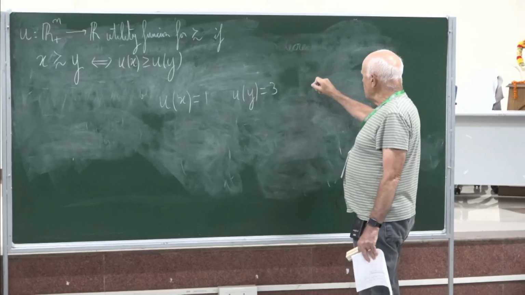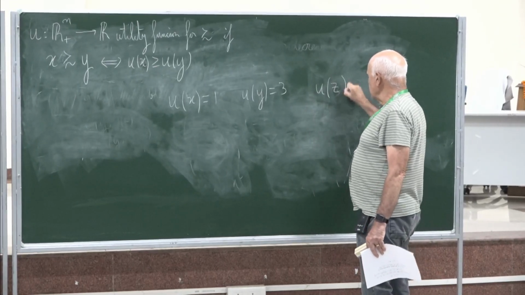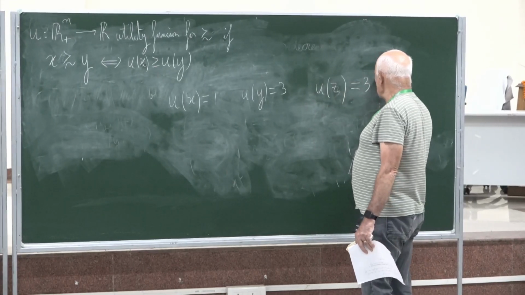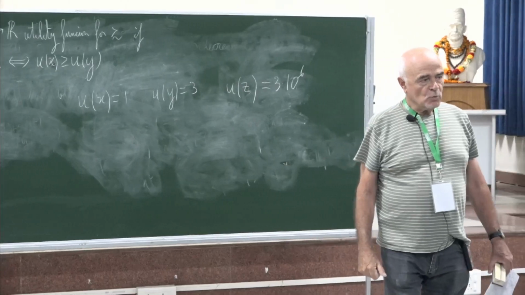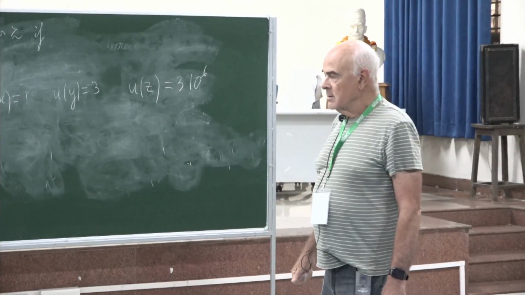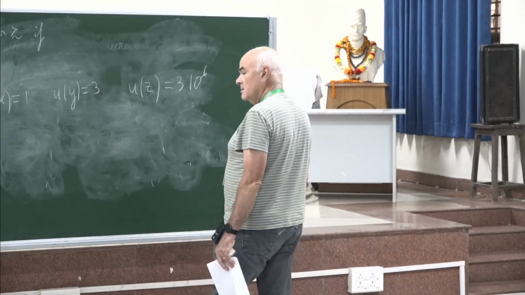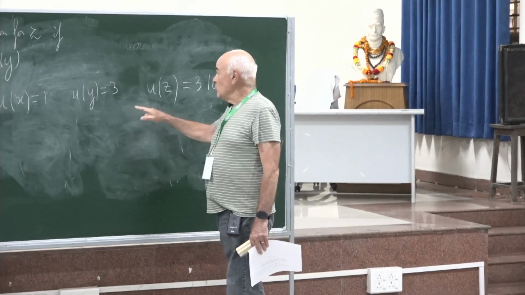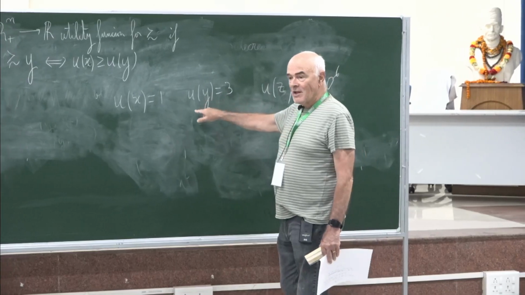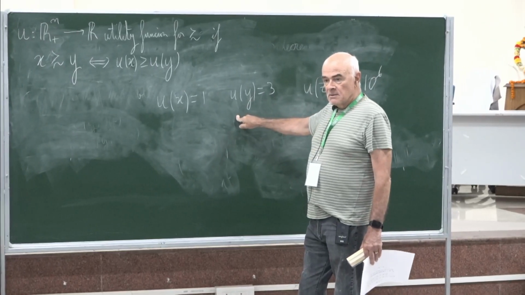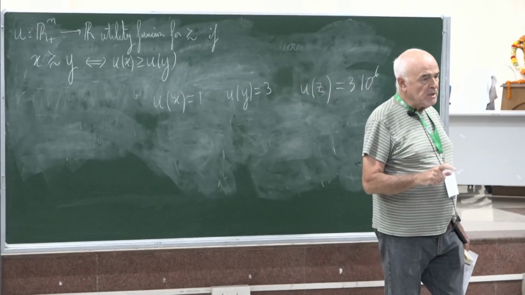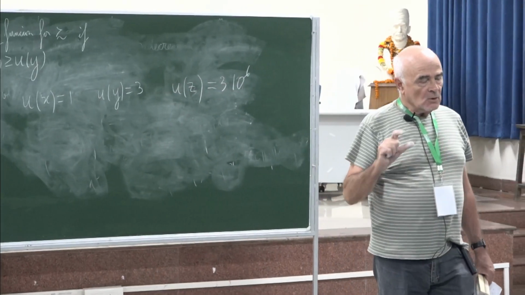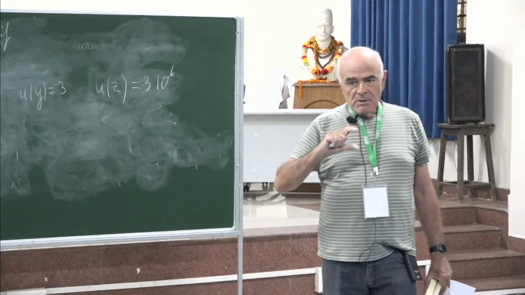And if you tell me that u of z is 3 millions, I'm quite sure that you prefer z to y. But this doesn't mean that you prefer z much more strongly than you prefer y with respect to x. The numbers do not mean anything, only the relation between the numbers.